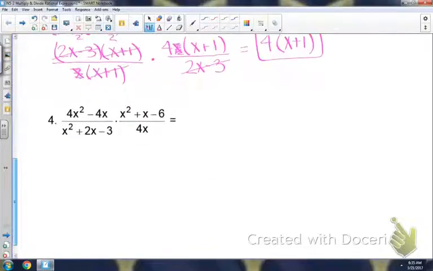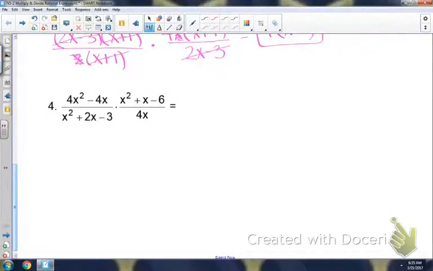Okay, looking at 4, we're doing the same thing. So factor your top, they have 4x in common. You're left with x minus 1. Denominator, sum is 2, product would be negative 3. So that would be x plus 3 and x minus 1.